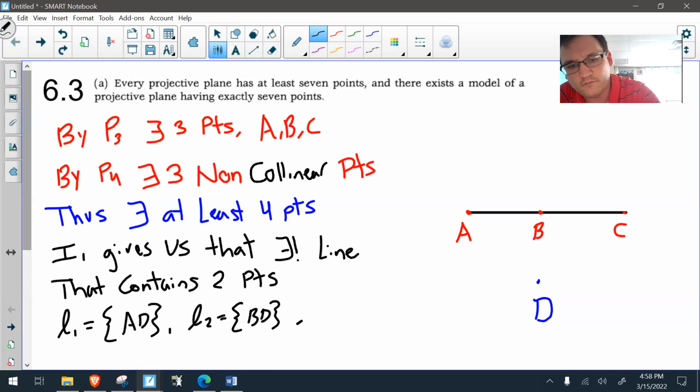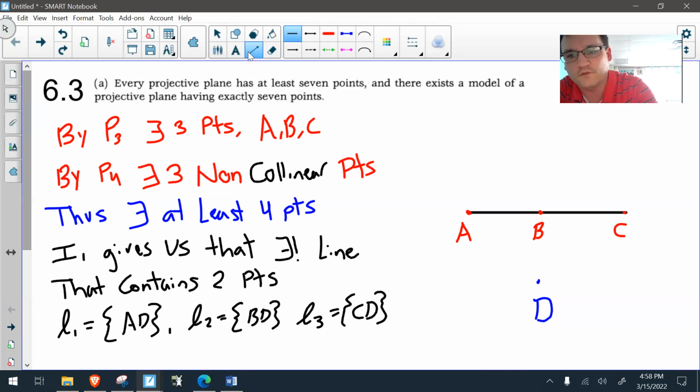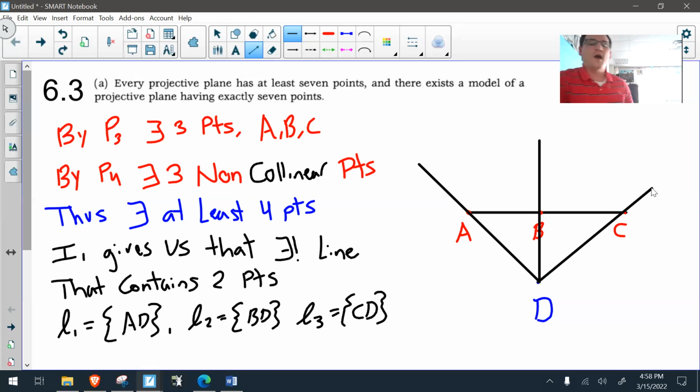And L3 we'll call CD. Okay, so I'm going to go ahead and draw these lines like so, and I'm going to show why I'm doing it like this in a moment. I1 gives us that 2 points define a unique line.